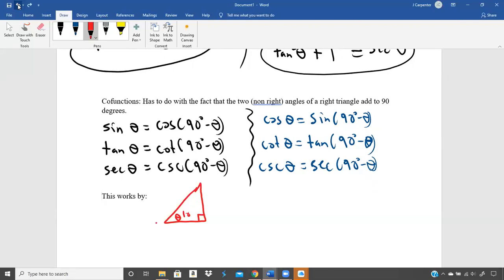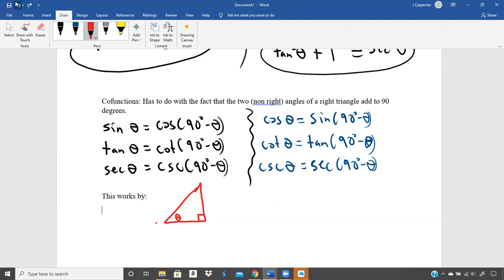But I don't just have to pull that 80 out of my head. I can say that this angle right here is 90 minus 10, which is 80. That's the relationship between the two non-right angles of a right triangle. If you know one of them, you can find the other by doing 90 minus the first.